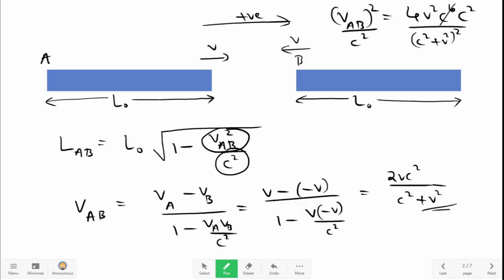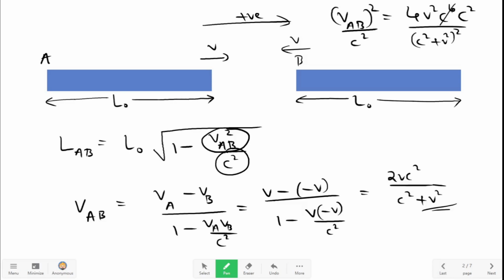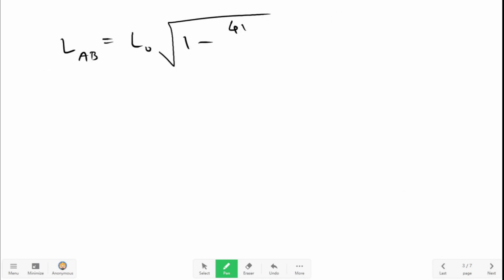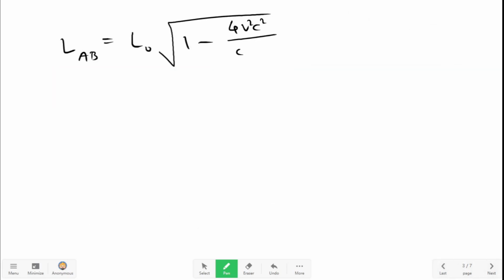Therefore we have LAB, the length of A with respect to B, is equal to L0 times root of 1 minus VAB square divided by C square, which is 4V square C square divided by C square plus V square the whole square.